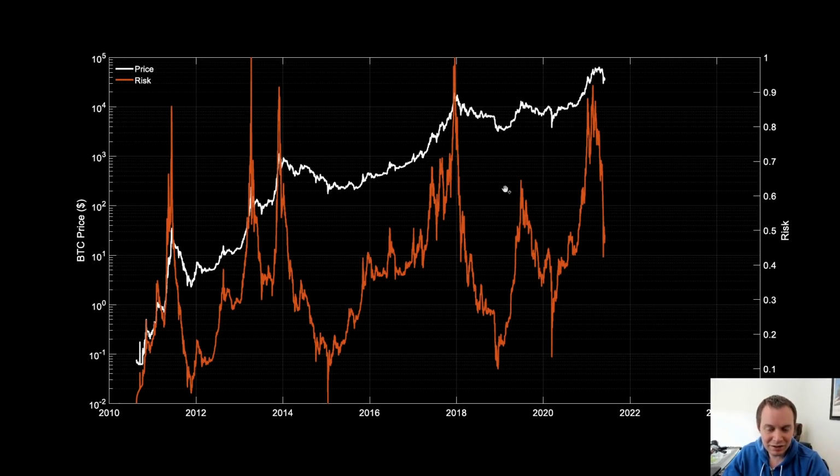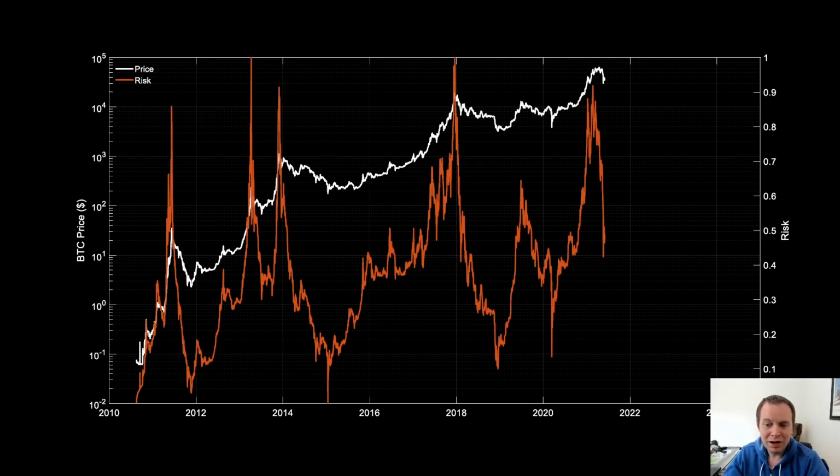So you can see that this most recent move was able, in fact, to make it to the 0.9 to 1 risk band. We speculated that Bitcoin should be able to make it there because, again, the metric bakes into it diminishing returns. Now, one thing you might notice, though, is it did not go to the highest risk level on the daily time frame on the same day that Bitcoin actually hit its all-time high.